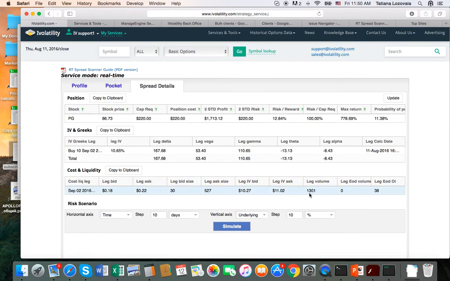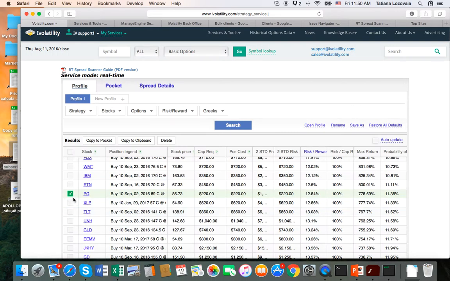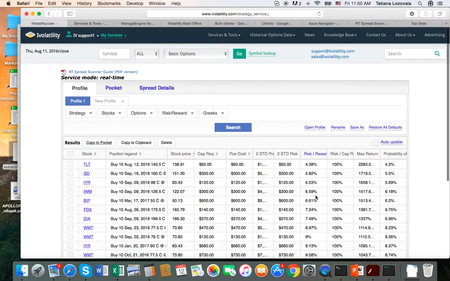Okay, we have option volume 1030, while yesterday there was no interest at all and the open interest is just about 40. So yeah, we definitely want to look at this option as well. Let's copy it to pocket. Okay, so we have chosen just 3 options that we would like to analyze in detail.